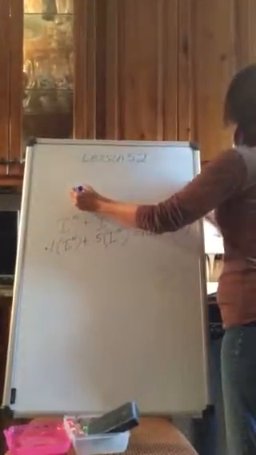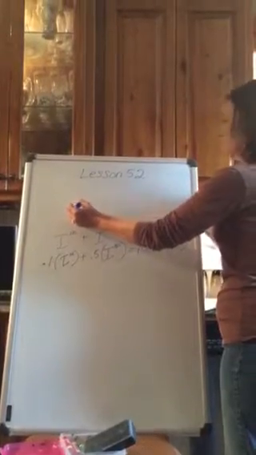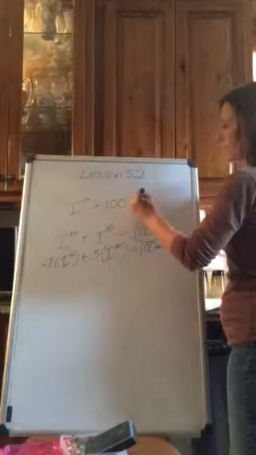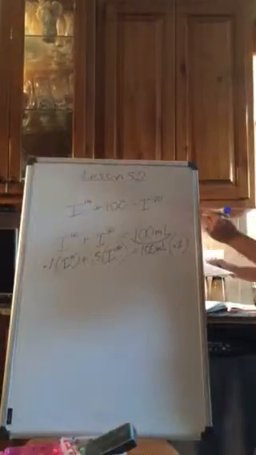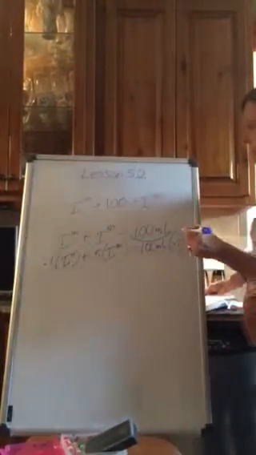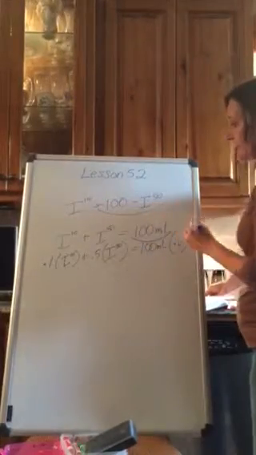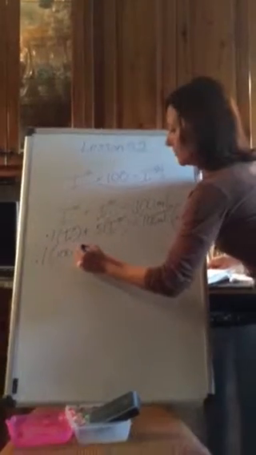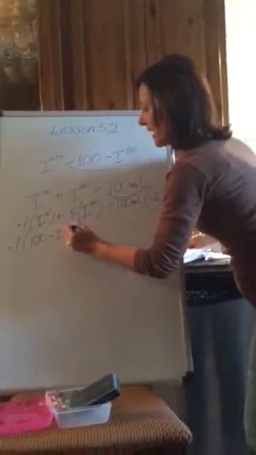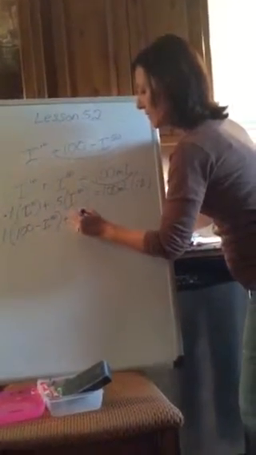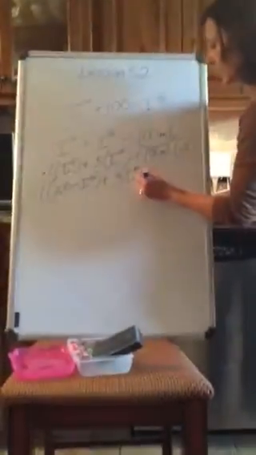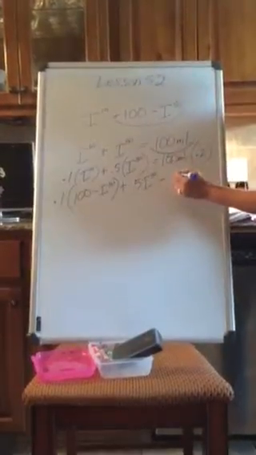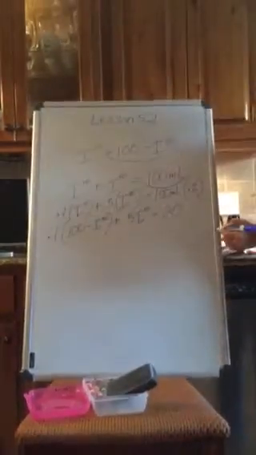So we'll say that the iodine 10 is 100 milliliters minus the amount of iodine 50 we have. If I substitute this in for the iodine 10, I have 0.1 times 100 minus how much iodine 50 I have, plus 0.5 times the iodine 50 equals, and I can go ahead and multiply 0.2 times 100, and that's 20.